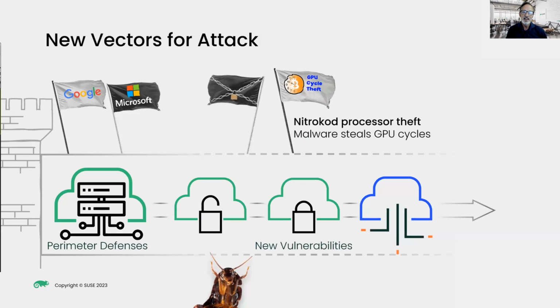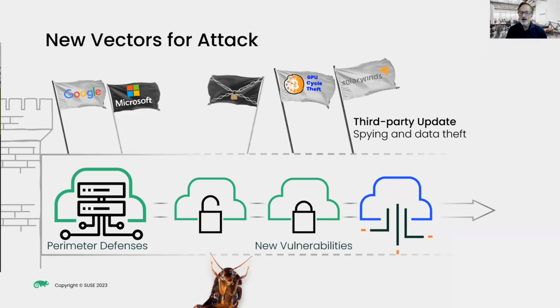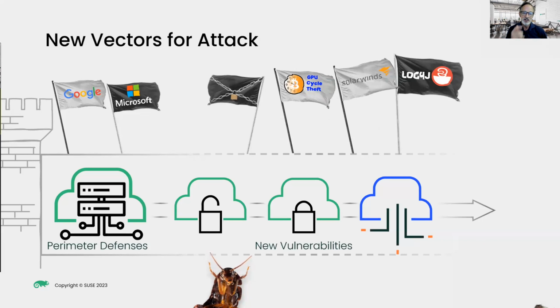Some recent examples include Havana Crypt, the NitroCod malware attack, SolarWinds with the supply chain exploits that many people encountered, and then most recently of all, the one that affected everybody, the Log4j exploit.